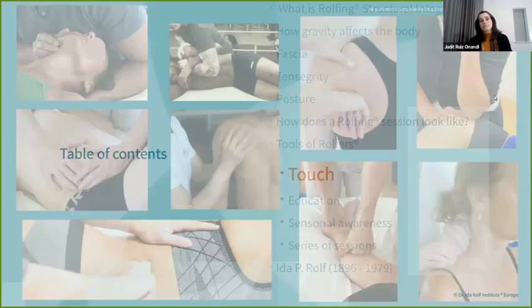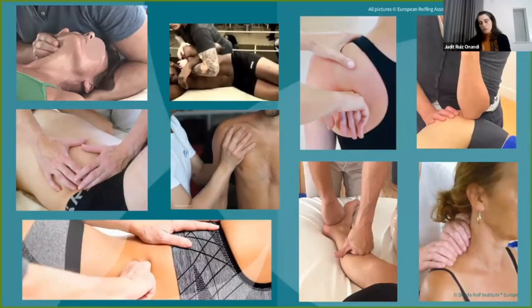The tools of touch are basically our hands, sometimes also our forearms or our elbows, and fascia that is surrounding the whole body. Many times we work with both hands at the same time, surrounding the structure that we want to work on.